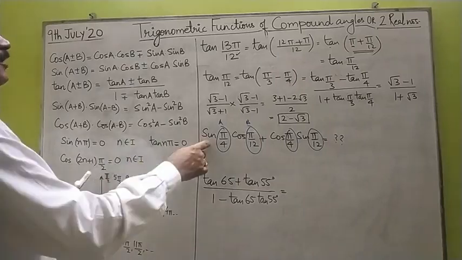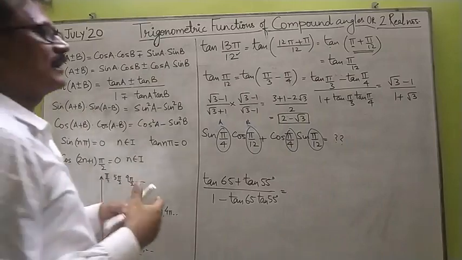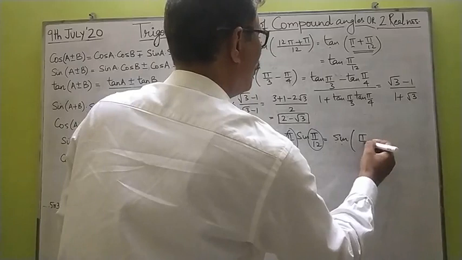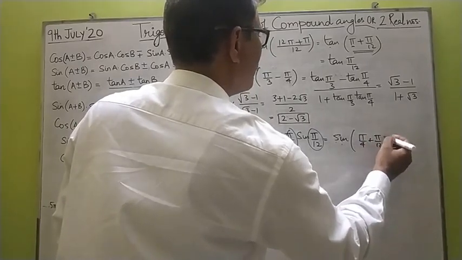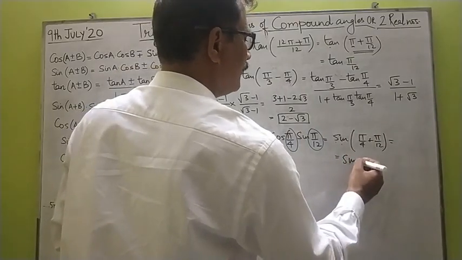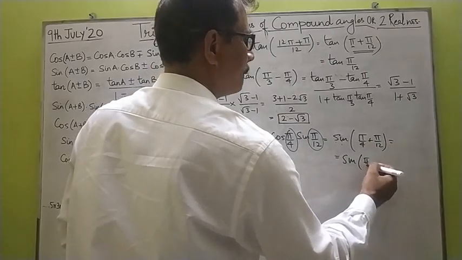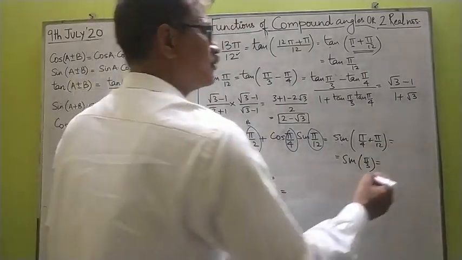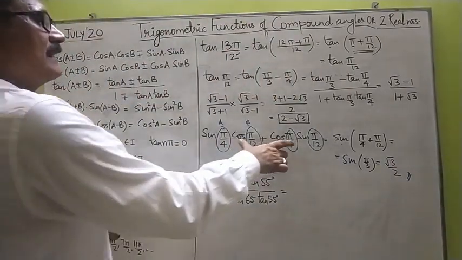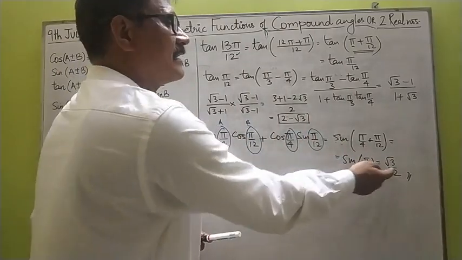This is the same as the formula of sin A cos B plus cos A sin B, that is sin of A plus B. So we write directly this as sin of pi by 4 plus pi by 12. When we add and simplify, we get sin of 4 pi by 12, that is pi by 3. And pi by 3 is 60, that is root 3 by 2. So this is easy because this is the expression which is the form of sin of A plus B, and we then added two angles, it became a standard angle, and the value is root 3 by 2.